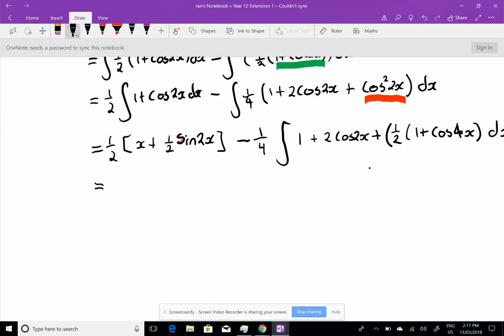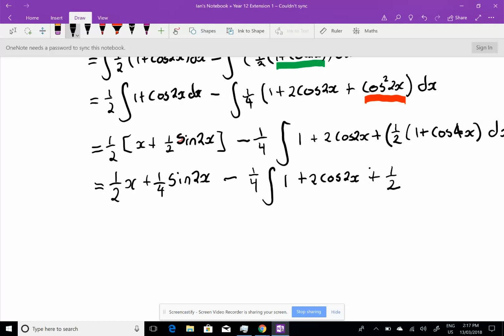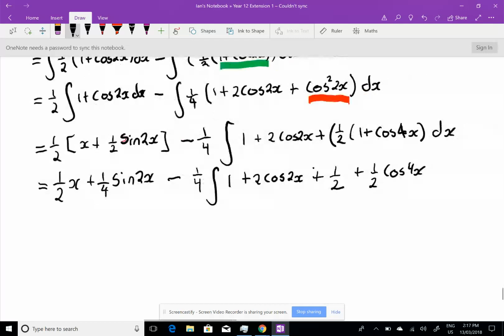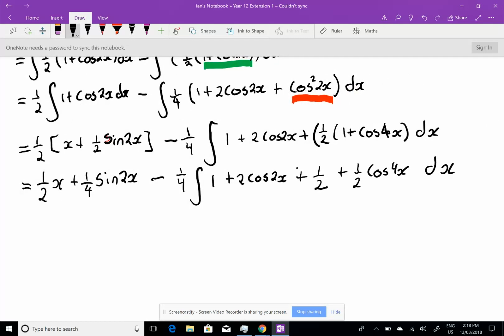So this is all right here. So I'll expand this out. A half x plus a quarter sine 2x minus, okay, a quarter. I'm not finished with this, so I've got 1 plus 2 cos 2x plus, well, that half will go in there, plus a half cos 4x dx.